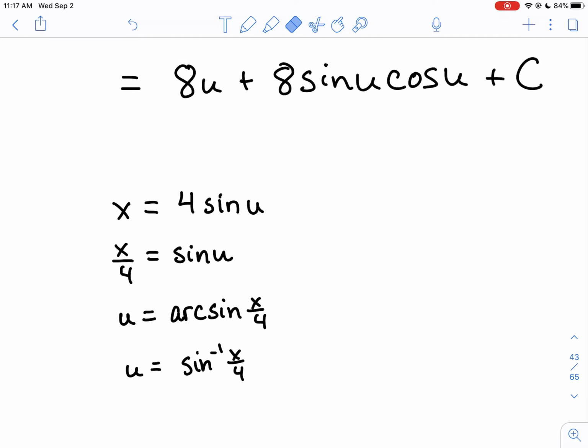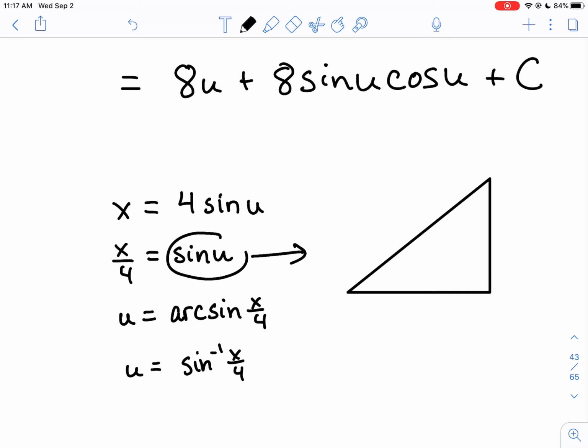So I'm actually going to take this a little bit further by creating a reference triangle from this line right here. Keep in mind that we're doing the sine of u to get this ratio, which means that u should be interpreted as an angle in a right triangle. Right? So the angle measurement would be u, and the sine is the opposite over the hypotenuse. That tells me I should label the opposite as x and the hypotenuse as 4.